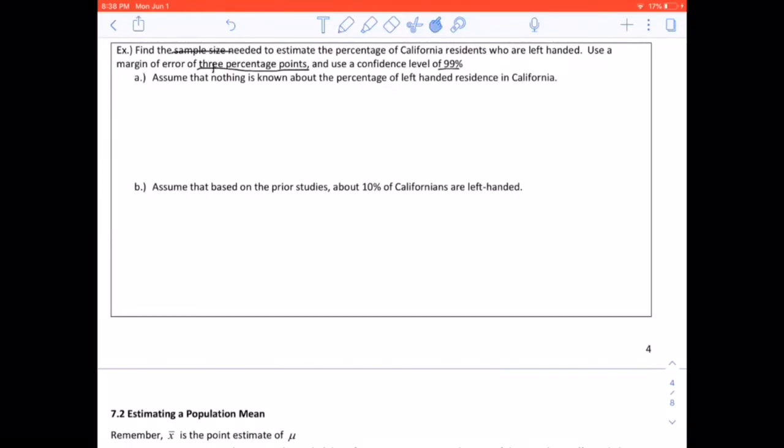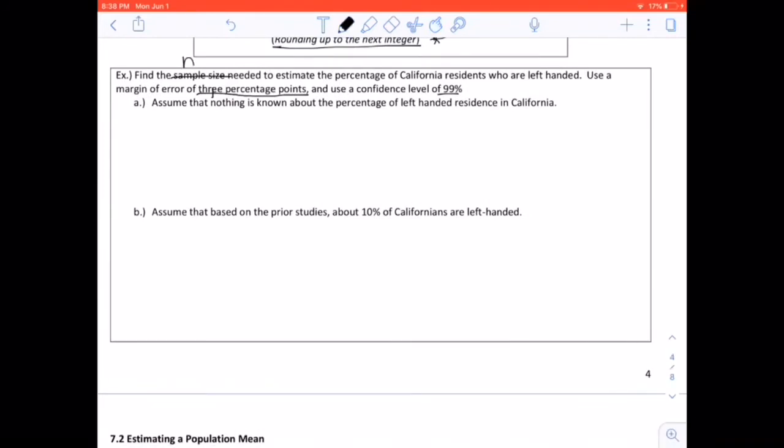Part A says assume that nothing is known about the percentage of left-handed residents in California. Whereas B says assume that based upon prior studies, about 10% of Californians are left-handed. So that's when we actually know something a little bit more about our study.